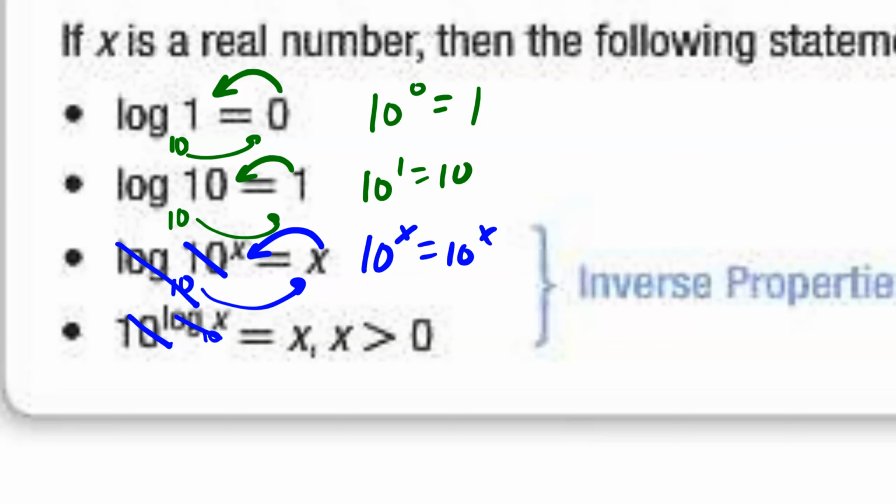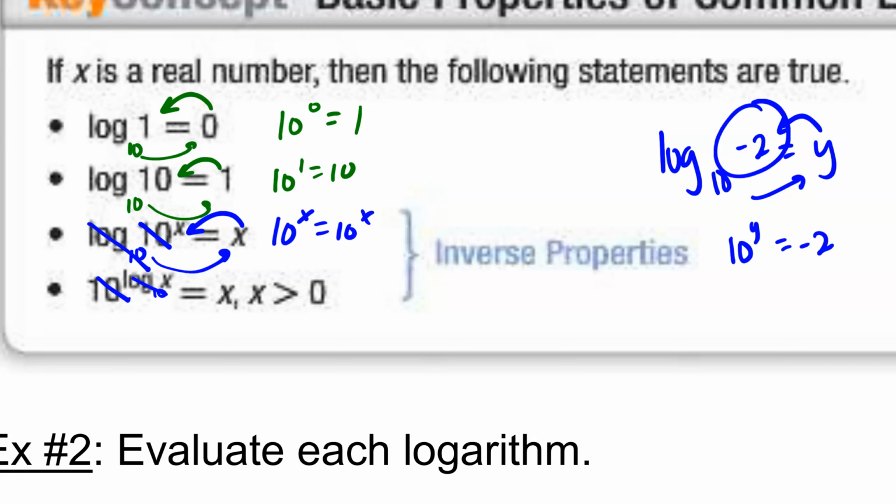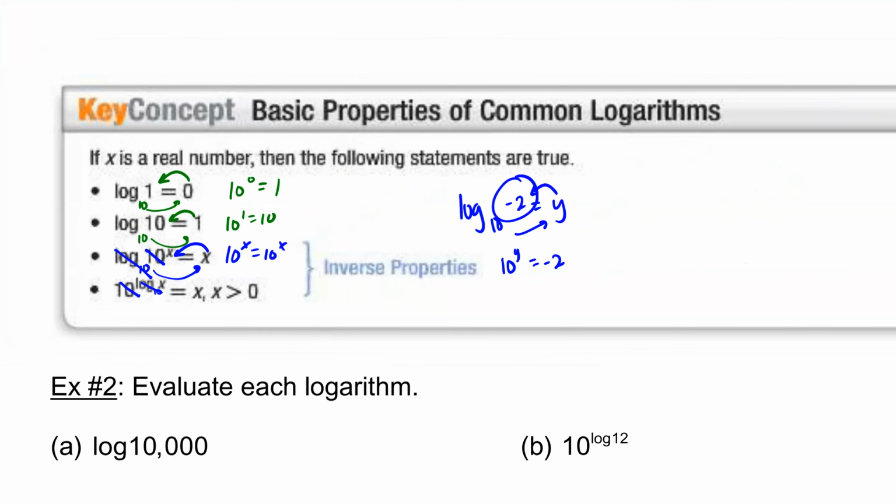That's what it means by can't take logs of negative numbers, because there's no exponent. If I pick a really, really small y, like negative 1,000,000, well, that just is 1 over 10 to the 1,000,000, so it's still going to be positive. That's why we have an asymptote at the x-axis, and everything's above it. So you can't take a log of a negative number.